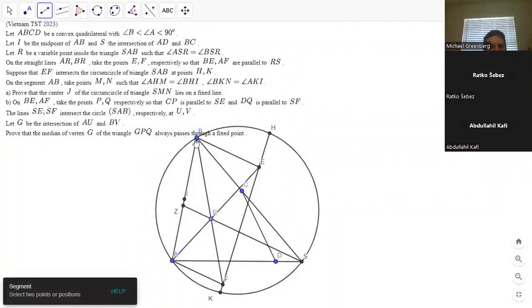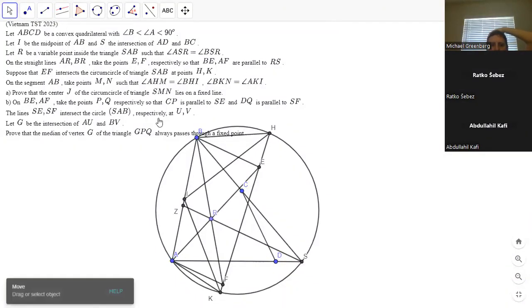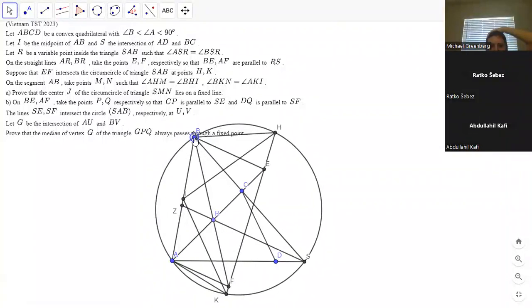Interesting. So we have BHI and AKI. Okay, so we want to draw isogonals to HI and KI.